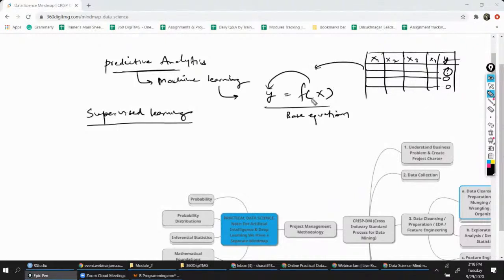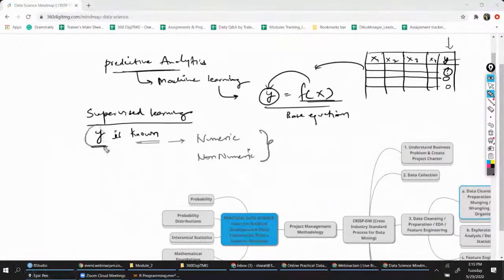So the pattern in the data can be identified by the algorithm with the known Y. So we say Y is known, and we're doing predictions of Y. Now, when you know this data set, when you know what your output column is, we would be able to learn whether this data is qualitative or quantitative, numeric or non-numeric.